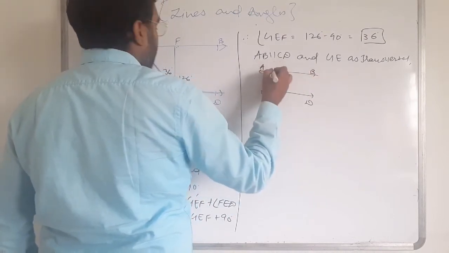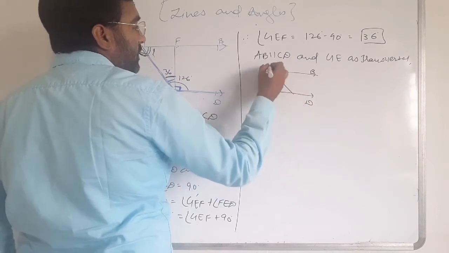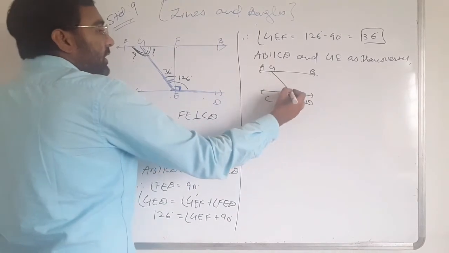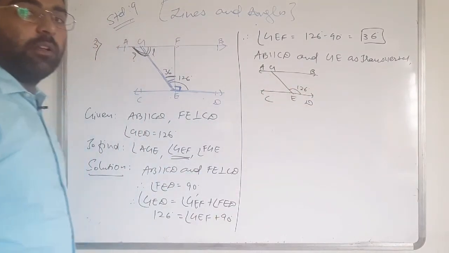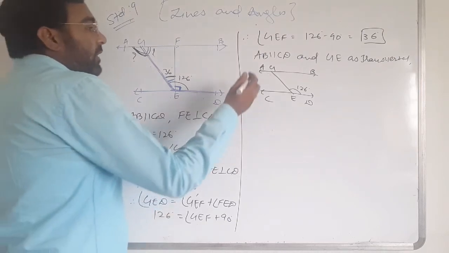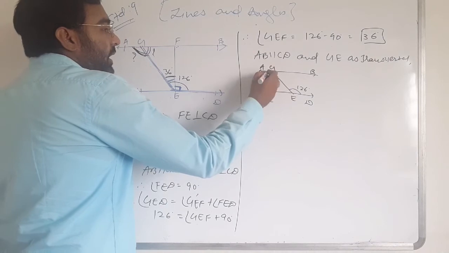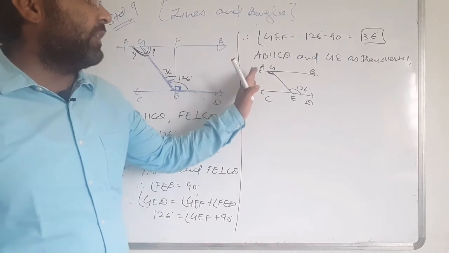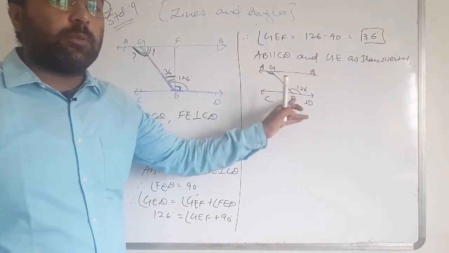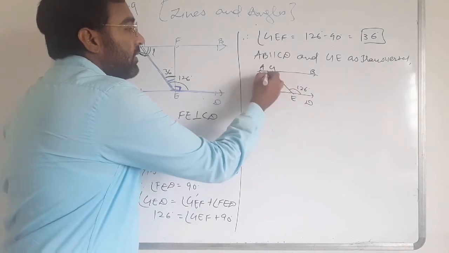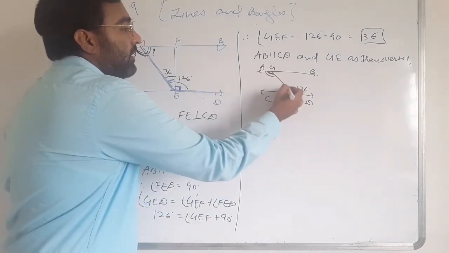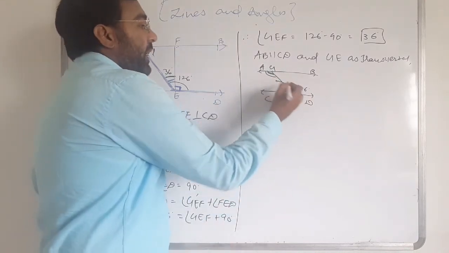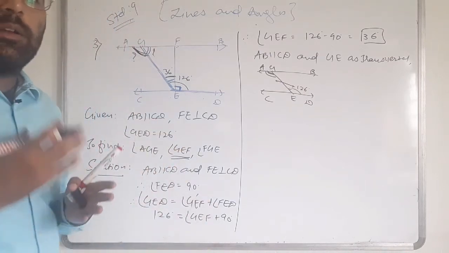They form this kind of figure, with G and E. My GED is equal to 126 degrees, which is also given. But I want to find angle AGE, this angle. So if AB is parallel to CD and GE is a transversal, then angle AGE is equal to angle GED, 126 degrees, because they form alternate angles.